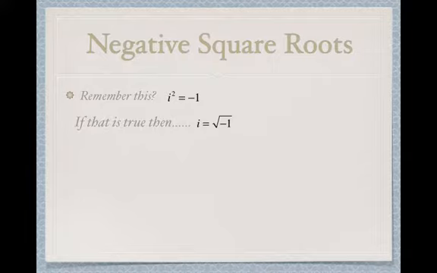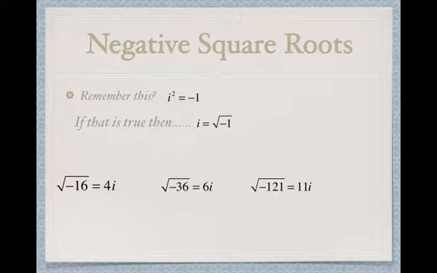So the square root of i squared would be i, and the square root of negative 1 would be i. But anytime you have a negative inside the square root, you're going to have a complex number. So for example, the square root of negative 16 is 4i. Square root of negative 36 is 6i, and the square root of negative 121 is 11i.